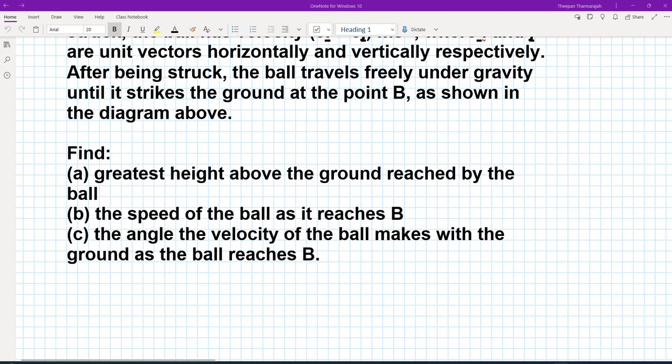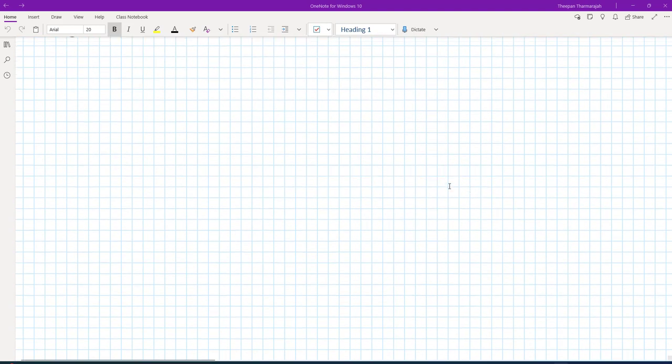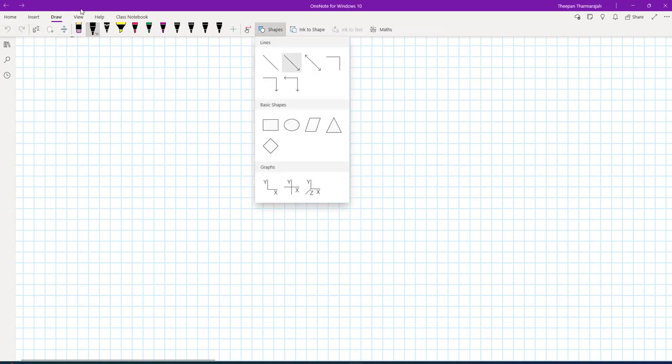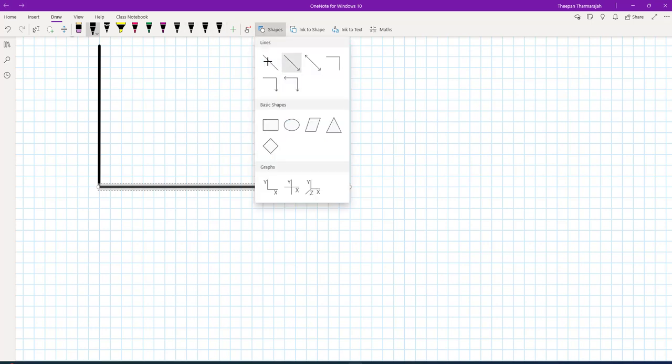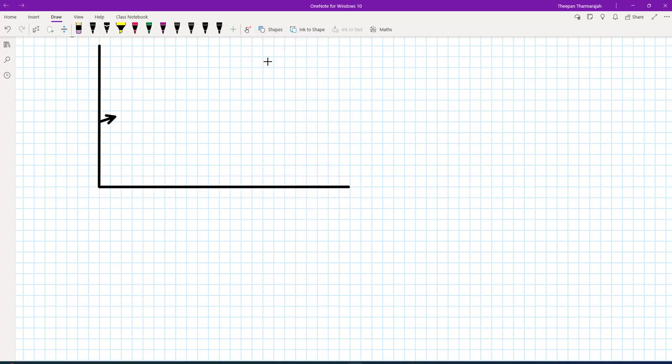So the first thing we ought to do is to draw what the diagram for this question looks like. So I will draw that out here. We have a vertical line, a horizontal line like so, and we have the velocity going like this. And then we're going to draw our projectile motion.